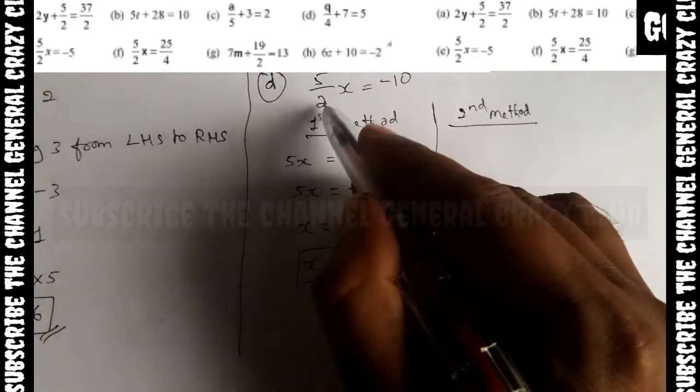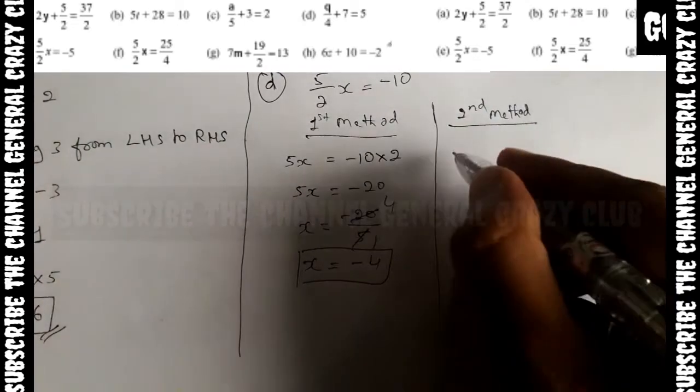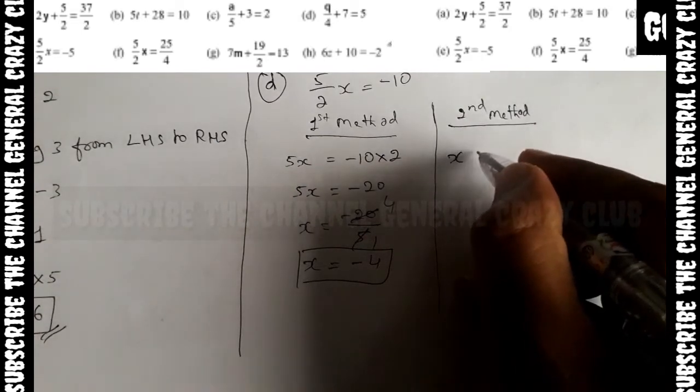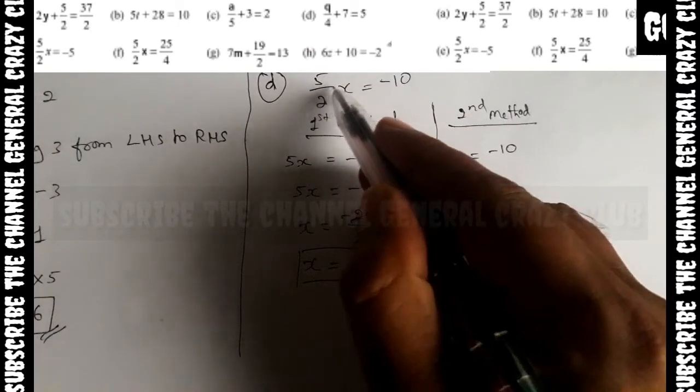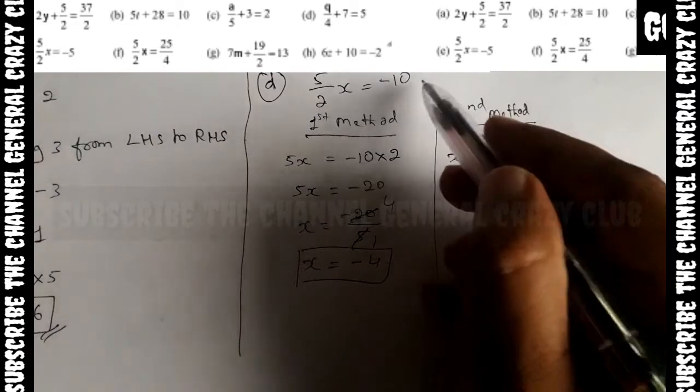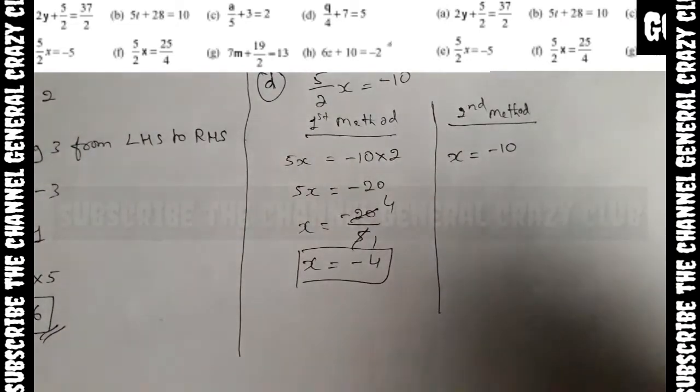What is the equation? 5 by 2 x is equal to minus 10. X is equal to minus 10. It is multiplication, no? Here 5 by 2 into x means multiplication. We are transposing it from left hand side to right hand side. Automatically it is division.